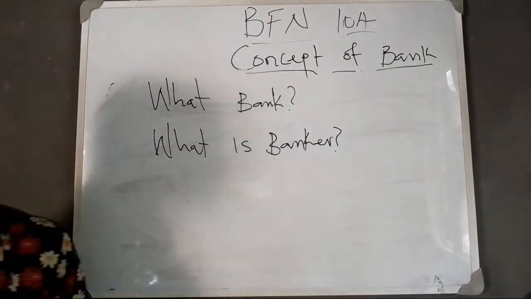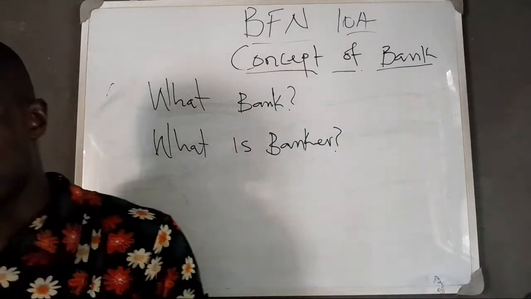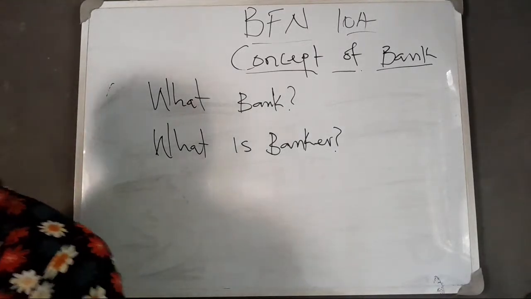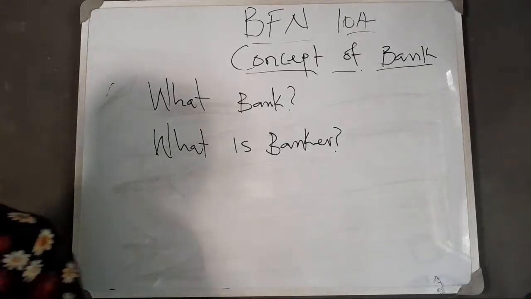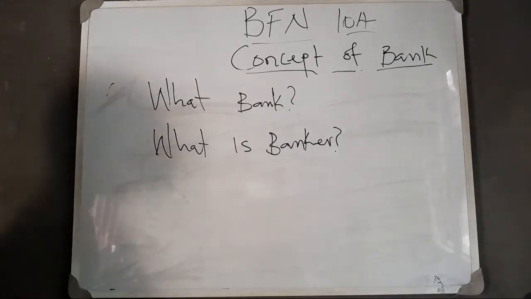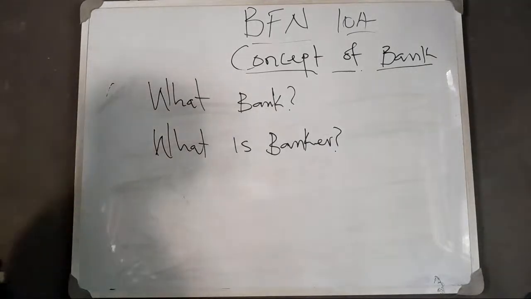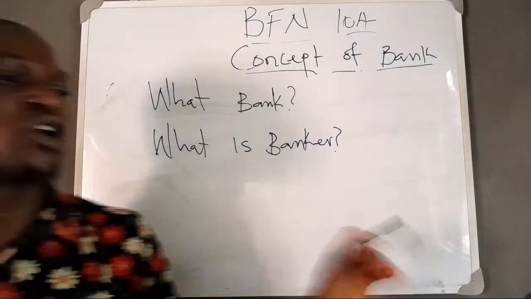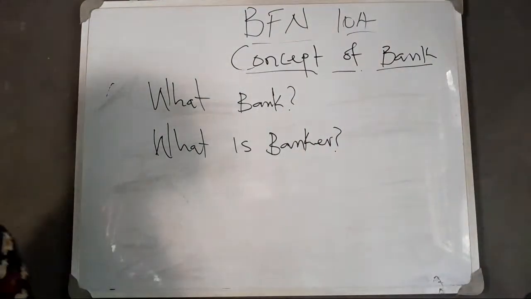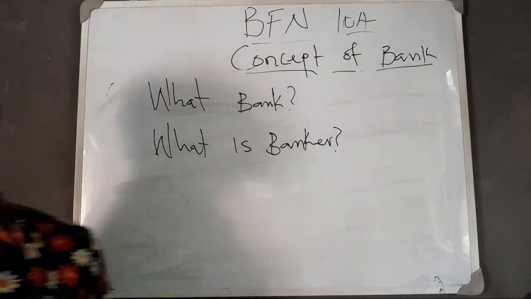And again, it assists the government in the implementation of policies aimed at ensuring price stability, even development and high economic growth. With the control of the central bank on commercial banks, it very much assists the government in stabilizing the economy of a country.